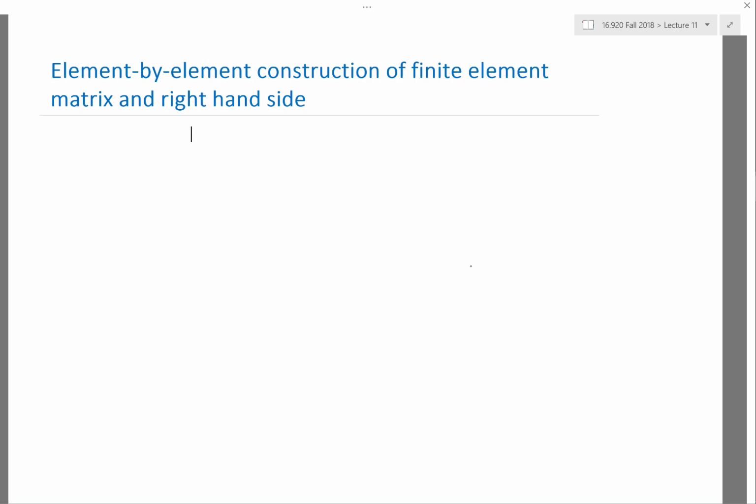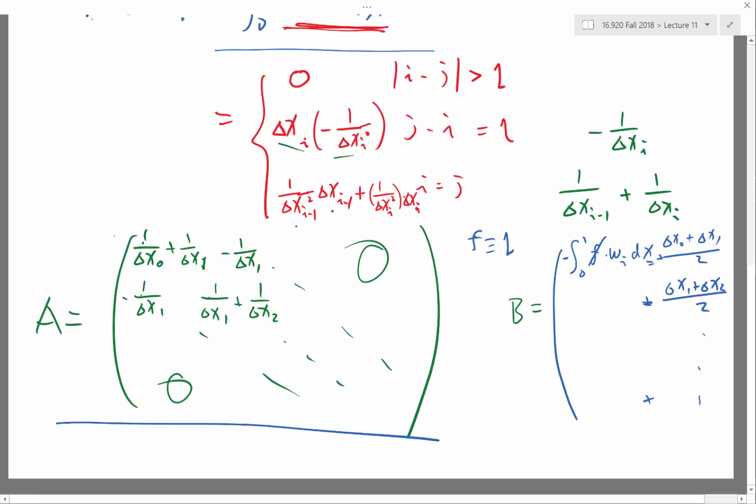Instead of deriving a huge matrix like that in one shot, which is actually easy in 1D, but when you go to 2D and 3D and the unstructured mesh, it's very messy to derive the formula for the entire matrix.